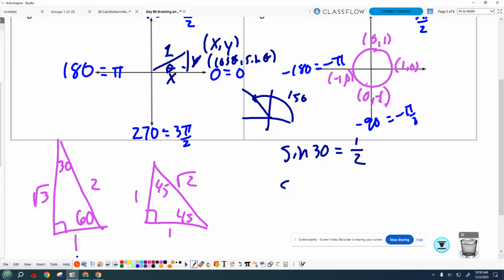Okay. So sine of 150, it's going to be the same thing as sine of 30. And now we have to check, sine is the x value or the y value? Y value. Is the y value here positive or negative? Positive. So sine of 150 is also 1/2.